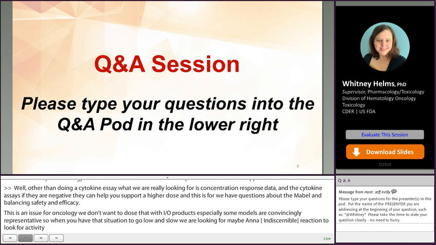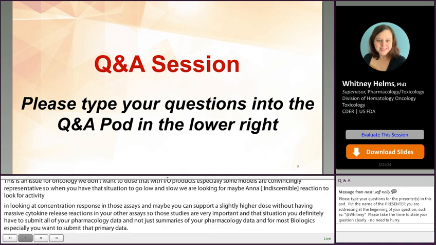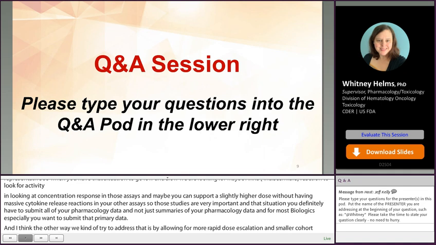And I think the other way that we try to address that is by allowing for more rapid dose escalation, smaller cohort sizes, and intrapatient dosing to help get you to a place where you're actually benefiting patients, but still at a starting dose level that we think we can support based on your data.